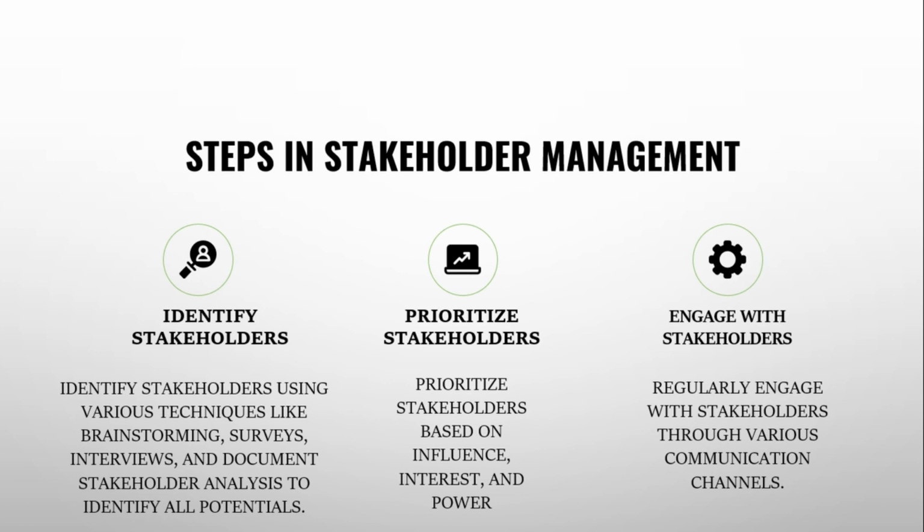The power interest grid is a simple grid that highlights stakeholders: those with high power, high influence; high power, low influence or interest; low power, high influence or interest; low power, high interest. So it's a four quadrant power interest grid that you can look up to understand how to really place stakeholders where they actually belong.